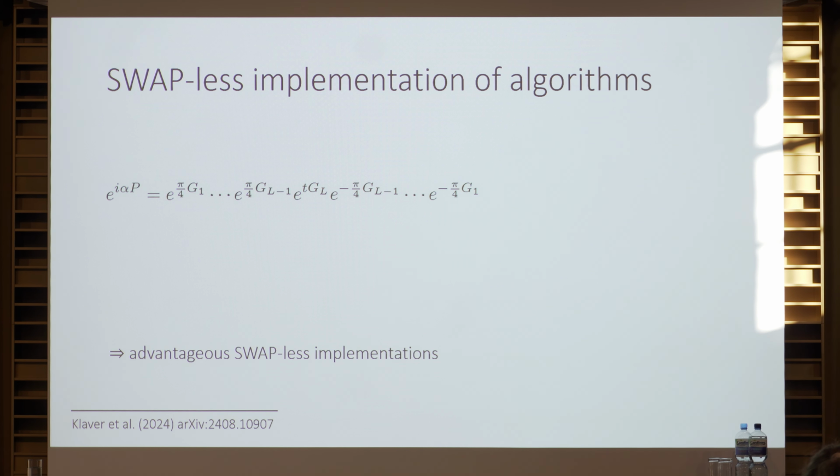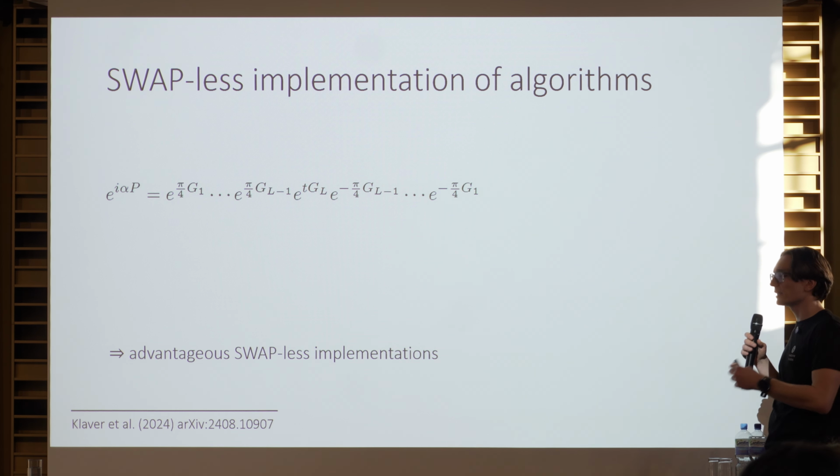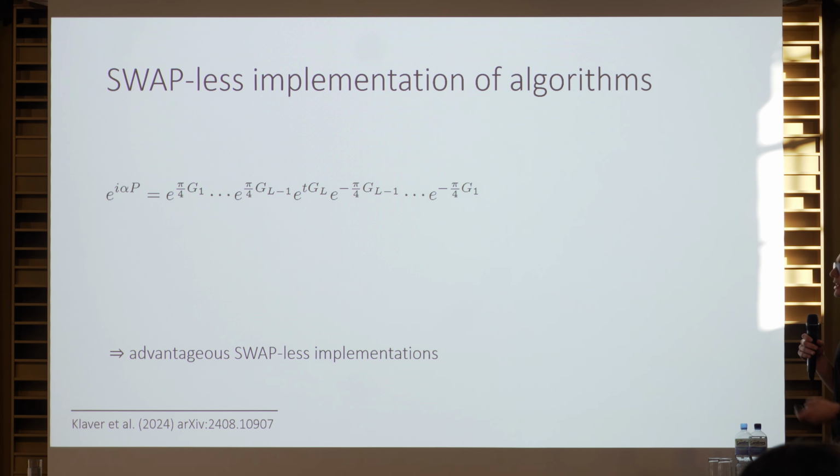You don't even need to think about swaps, which is kind of nice. In this paper, for instance, by the parity people I was talking about earlier, they show that for some algorithms you get not a complexity advantage, but an actual practical advantage by not using swaps, but using Pauli rotations and even non-local Pauli rotations.